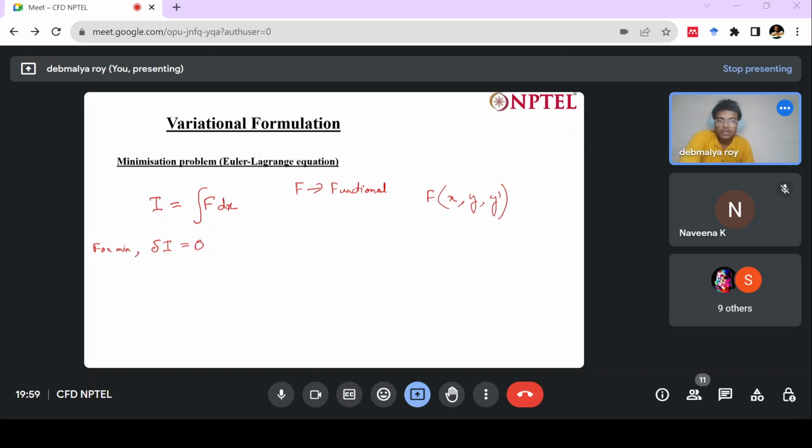So if we do this delta equal to 0, delta is a variation. We will do a similar thing for this.